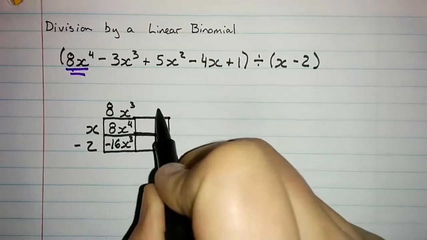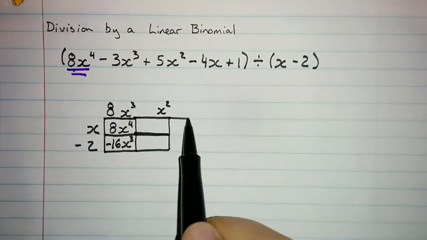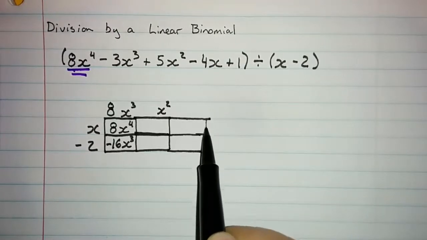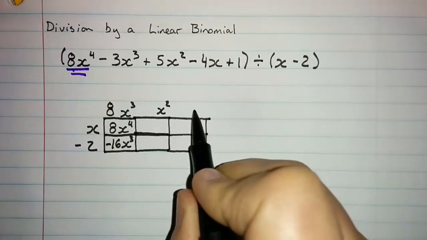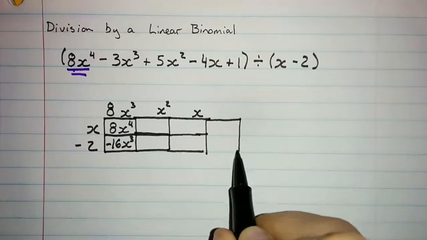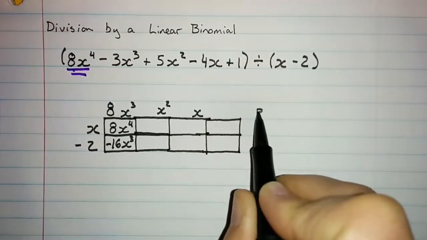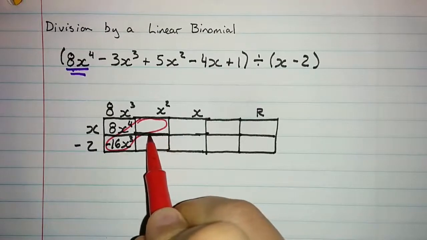I think I want to have an x squared term over here. In fact, I think my quotient is just going to have an x cubed term, an x squared term, an x term, and a constant term, and then probably some sort of remainder, which means this diagonal is going to have all of my x cubed terms.